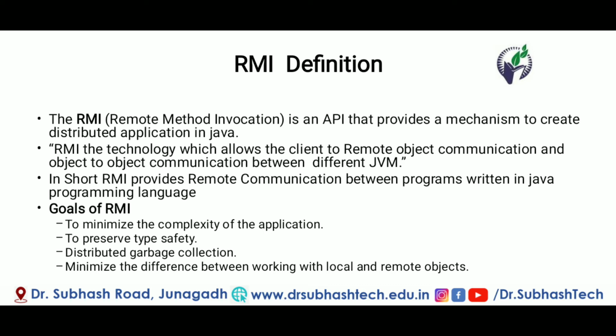You can face different problems if any connected system that is dependent on the centralized computing faces a problem. So these are the different disadvantages of centralized computing. To overcome these problems, we use distributed computing. So there are different goals of RMI.